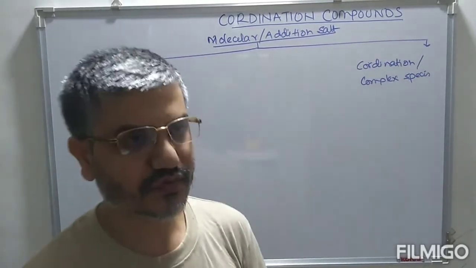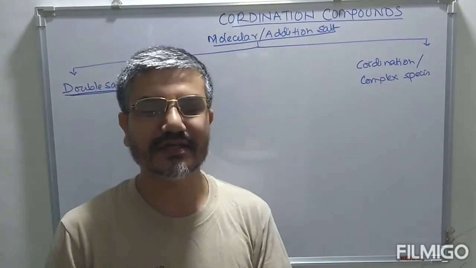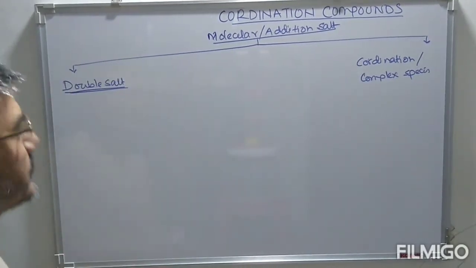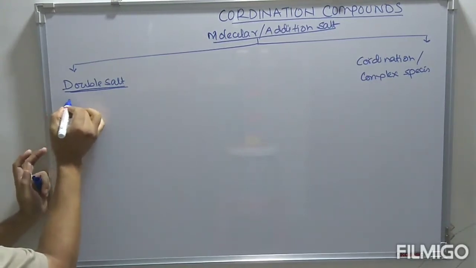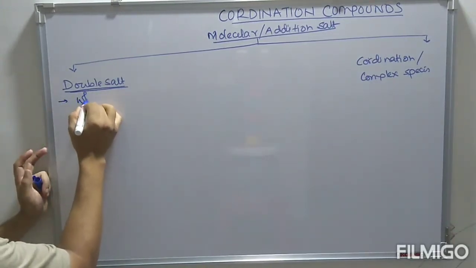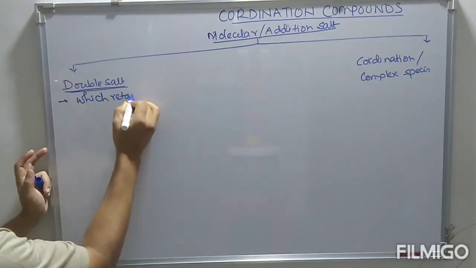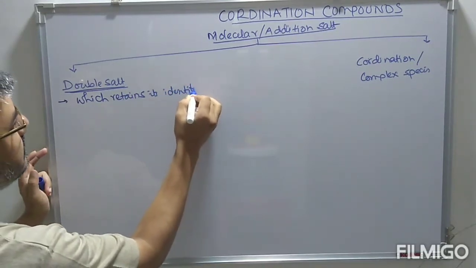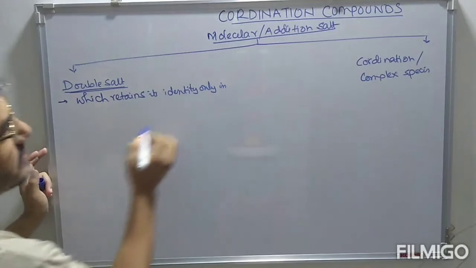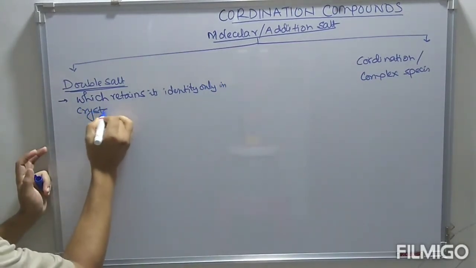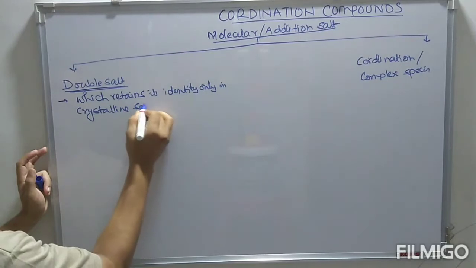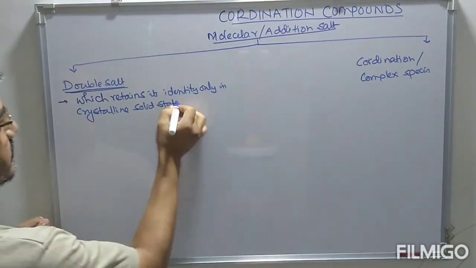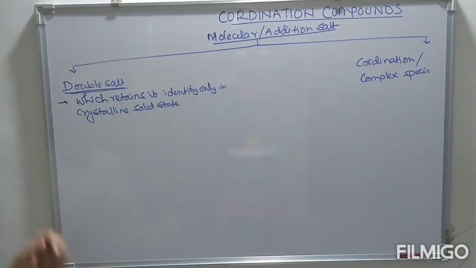So those types of salts which retain their identity only in the crystalline state and not in aqueous solution are known as double salt. So the definition is: salts which retain their identity only in the crystalline solid state. It loses its identity in solution.